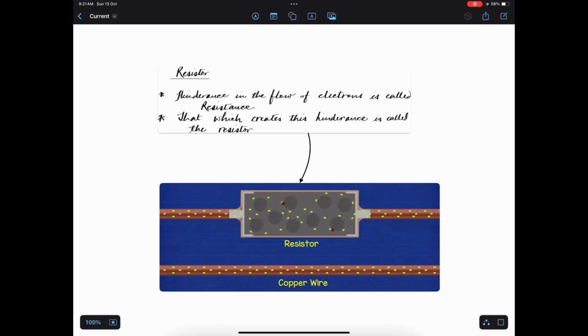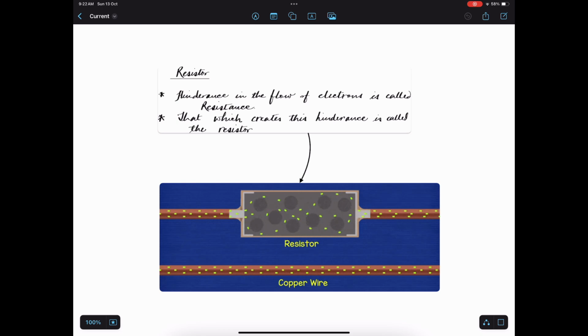Materials with higher resistance require more voltage to push the same amount of current through them. This concept is critical when designing electrical circuits, including solar power systems, where resistance needs to be minimized to ensure efficient energy flow.